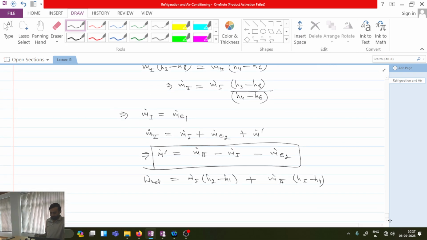So if you have to calculate the COP of the system, then the COP of the system will be what? m dot E1 into H1 minus H9, plus m dot E2 into H4 minus H7, divided by the net work.